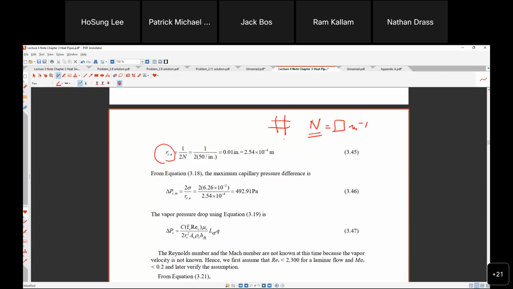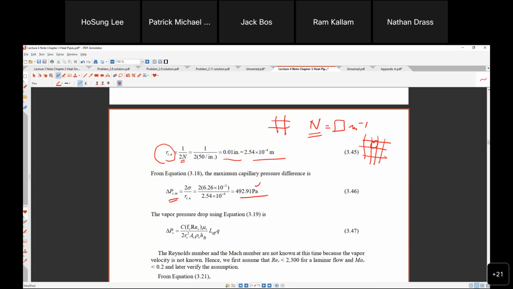What do you think in terms of? So it's a diameter. So we divide by 2, it becomes the capillary radius. That's what we talked about. So the capillary maximum is 2 sigma over r. We just calculate that.